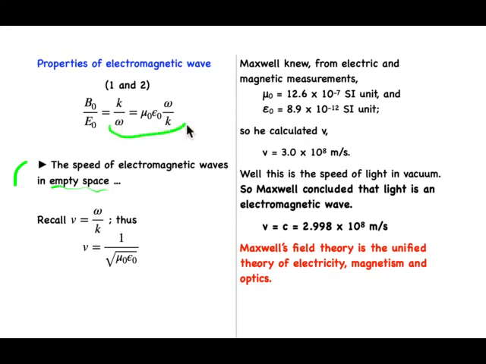I can determine omega over k. Multiply both sides of the equation by omega, divide by k, divide both sides of the equation by mu naught epsilon naught. So you get omega squared over k squared is 1 over mu naught epsilon naught. Take the square root of both sides of the equation. Omega over k is 1 over the square root of mu naught epsilon naught. That's v.